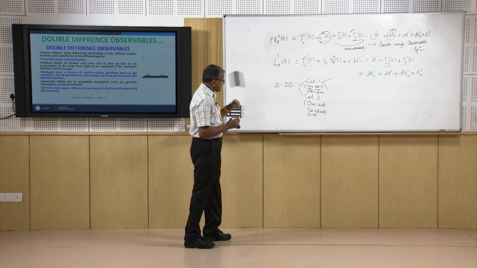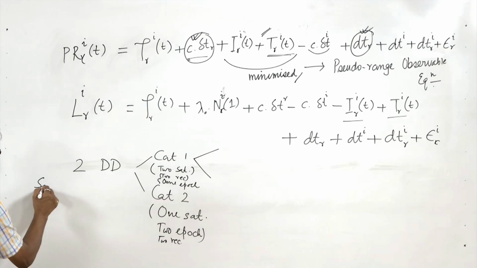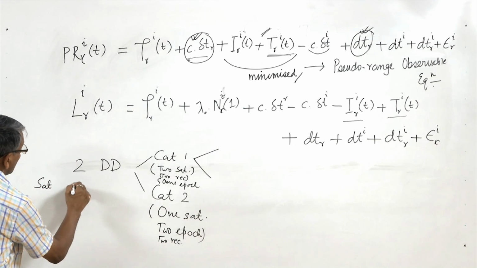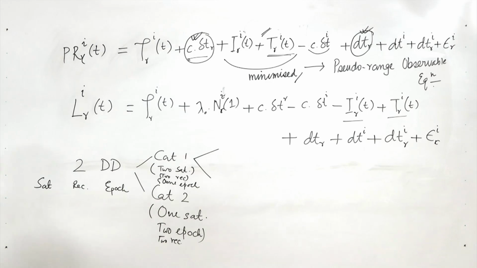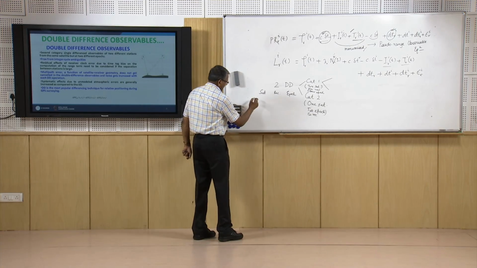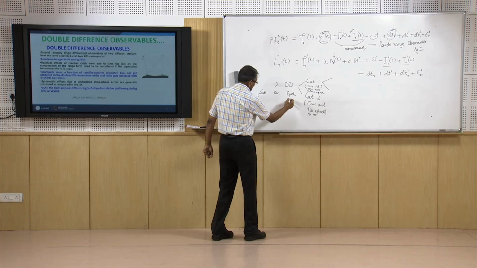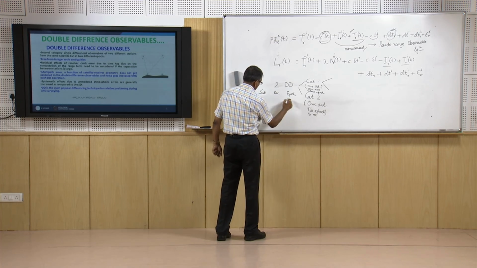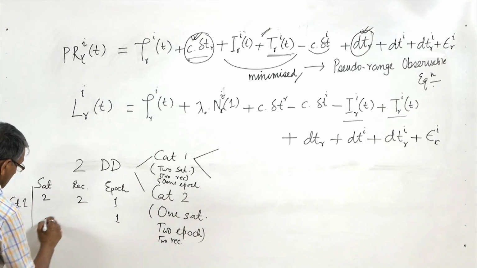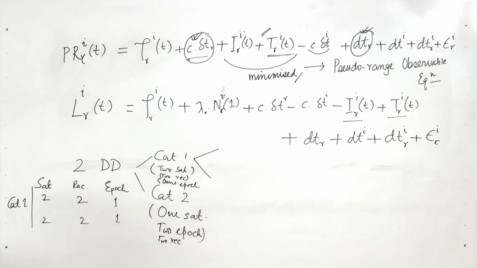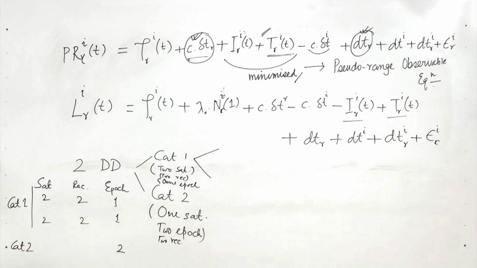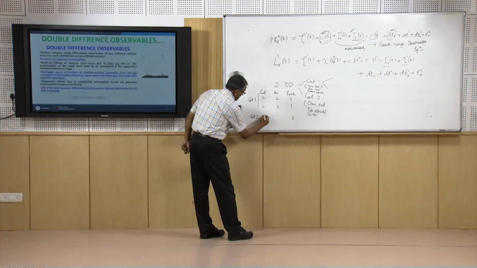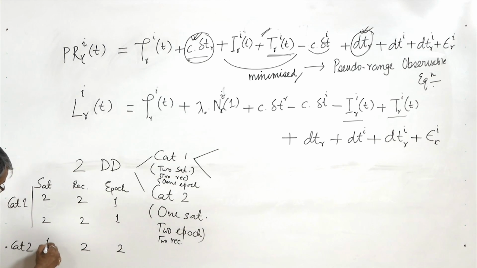So, we can see there are 3 variabilities: one is the satellite, another is the receiver, another is the epoch. Under category 1 it is 2 satellites and 2 receivers, but under category 2 it is the epoch which will change, with 2 receivers and 1 satellite.